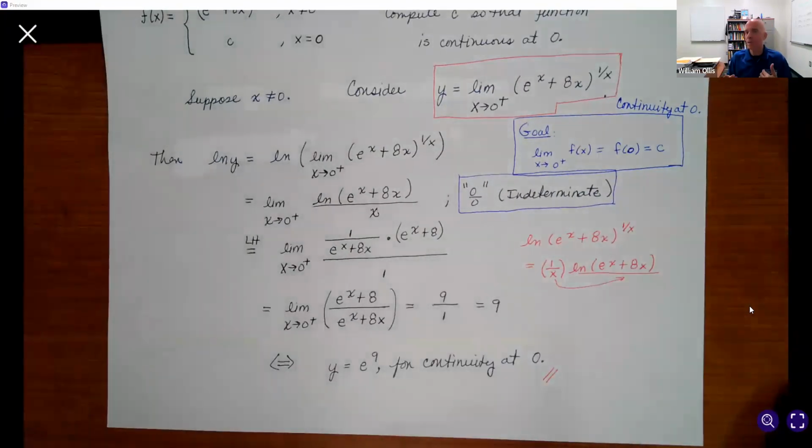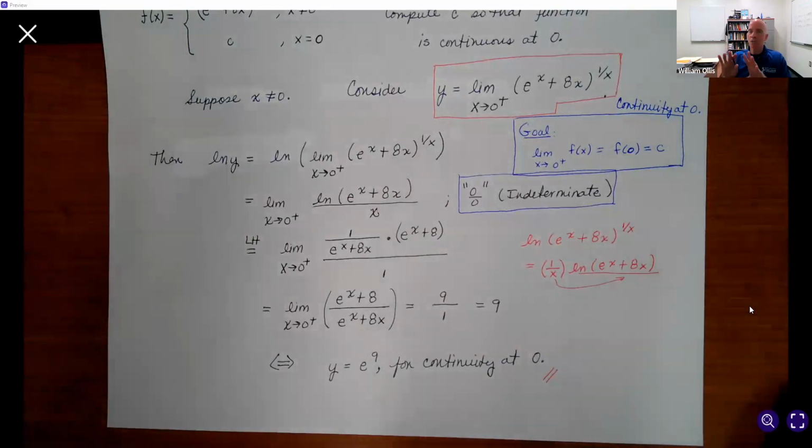So that's the key. This is what I was talking about. Even though this is a little bit more complicated, usually you can just use algebra to fix the problem. I mean, simple algebra.